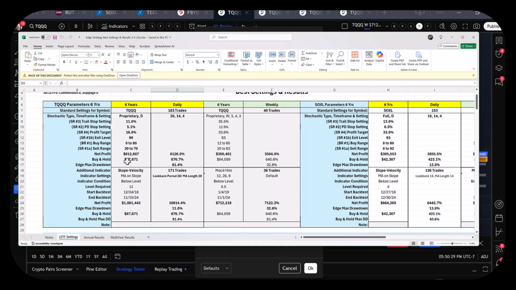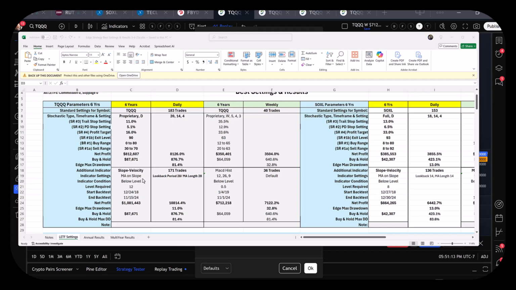So the top portion is the settings, and based on not using an additional indicator to help us filter out bad trades, we're looking for the strategy over that 6-year period, and the date here is December 24th of 18 to November 15th of 24, to provide a net profit result of $812,607 using 183 trades to get there.